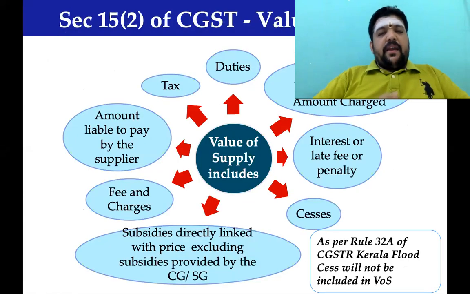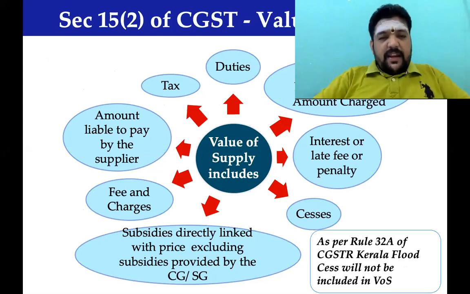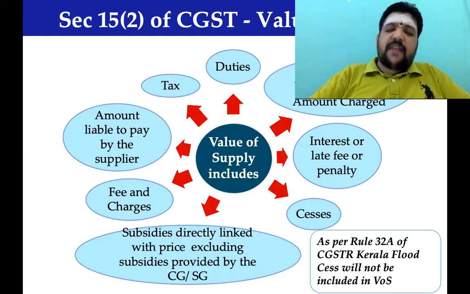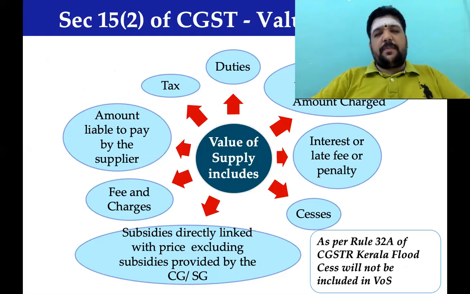Followed by, is anything included in value of supply? Yes: all duties and taxes paid, incidental expenses, any money paid by the supplier on behalf of the recipient, interest, penalty and late fee received, and subsidies from manufacturers, in other words, subsidies other than government subsidies.